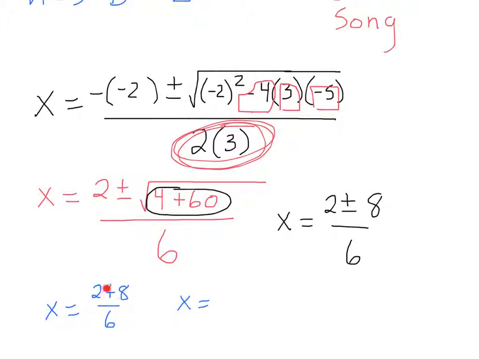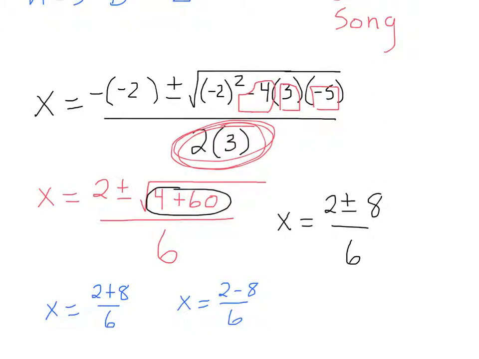So the first one right here I used the plus sign. So on the second one I'm going to use the what? The minus sign. So I'll go 2 minus 8 divided by 6. So I've got two answers.